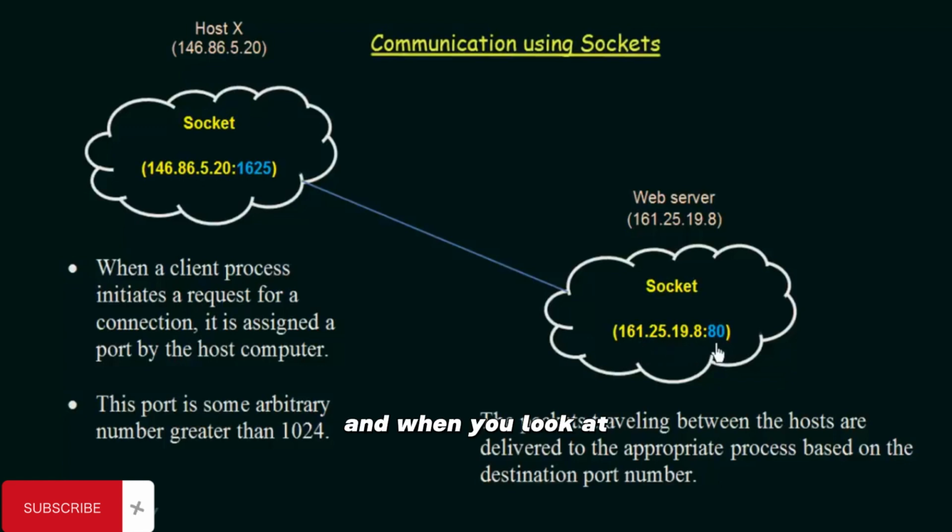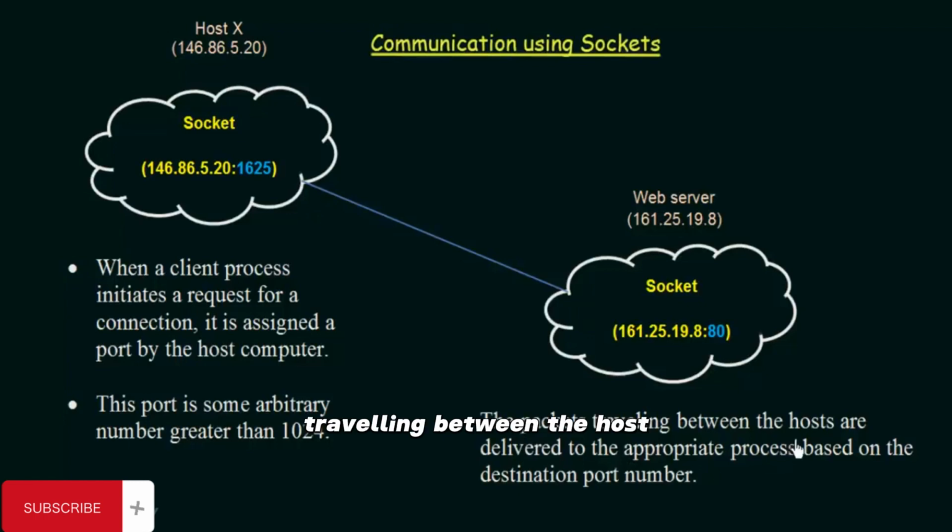And when you look at port number 80, you know that it is less than 1024. That is because this is the server, not the client. This client is trying to access some services from the server. So this port number 80 belongs to some standard service, and this client process is trying to access that.